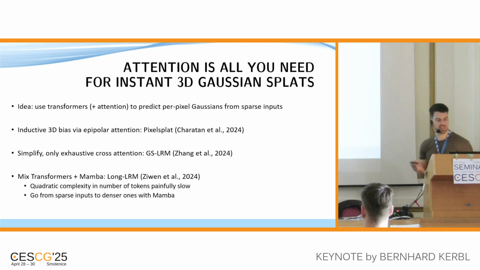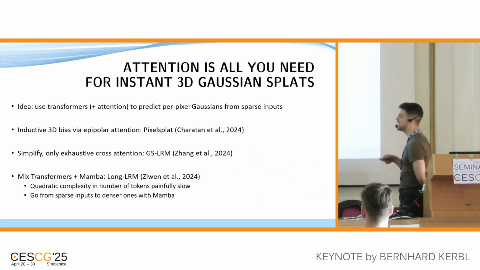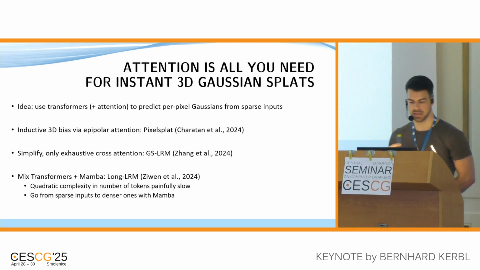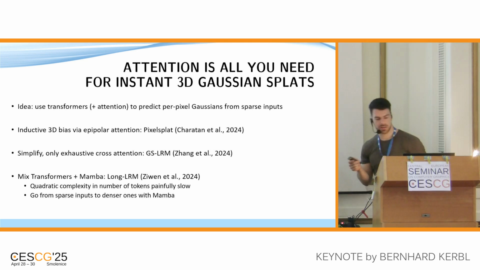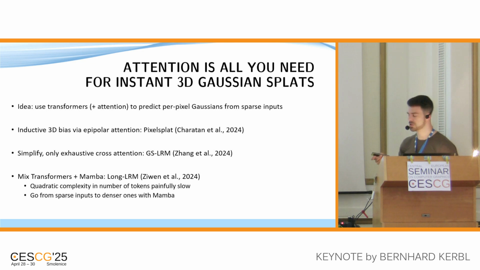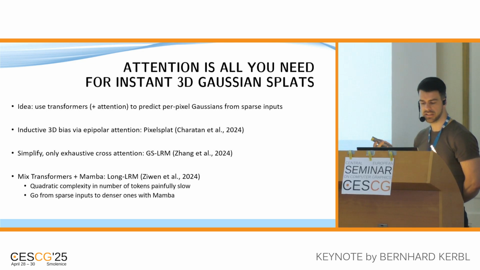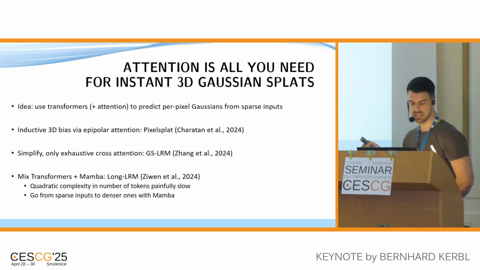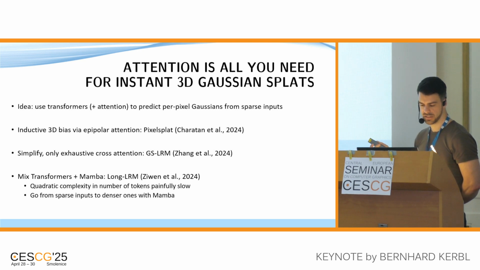And then finally, we had the mix of transformers and the lessons that we have from large language models, Mamba, this non-quadratic way of combining and computing the attention between all the parts of an image can still give you significantly good results.